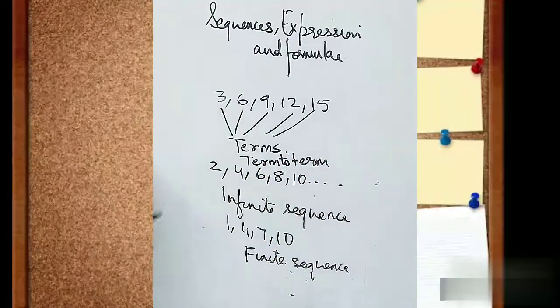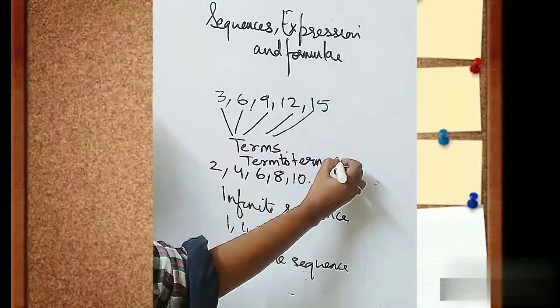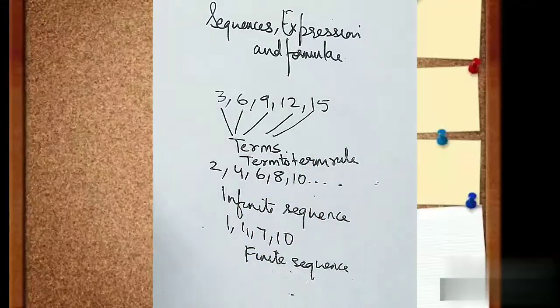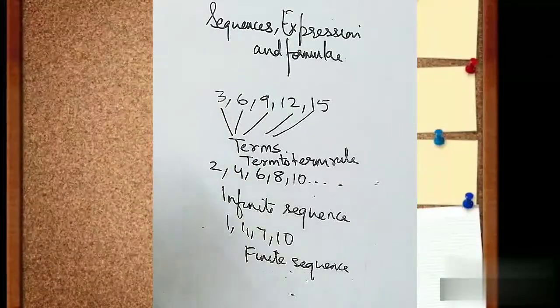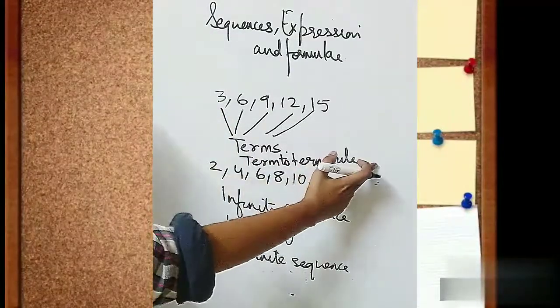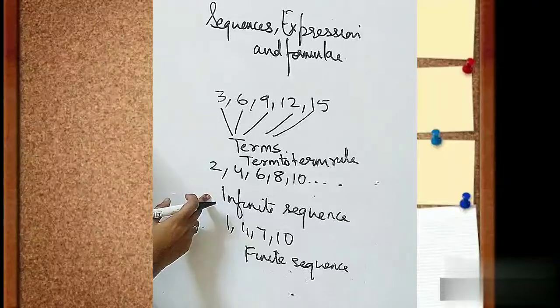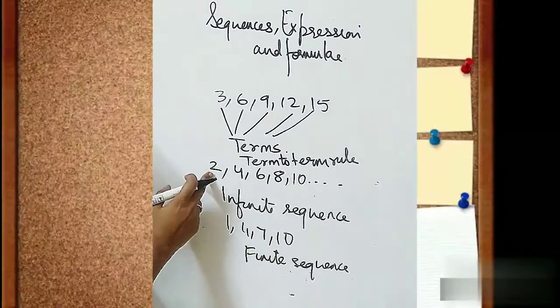What is it? A term to term rule is a general rule. What is there in each sequence? For this one, I told you it is addition of 3. For this infinite sequence, I'll say that it is add 2.